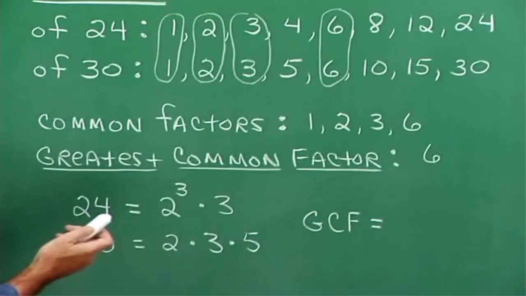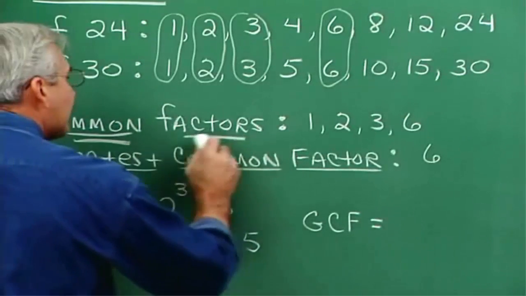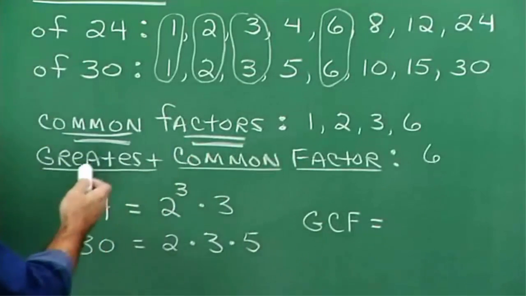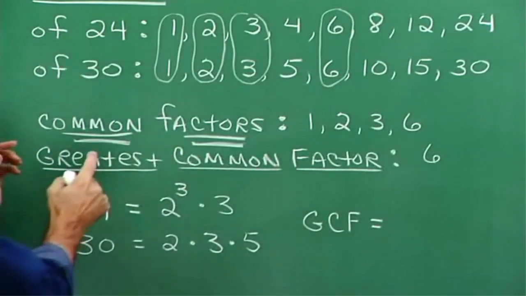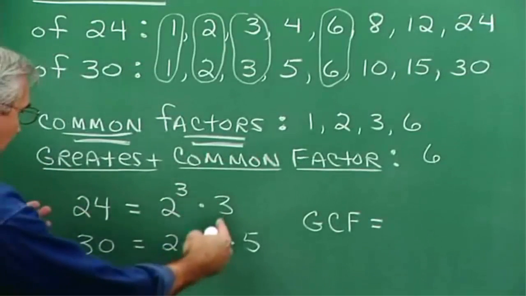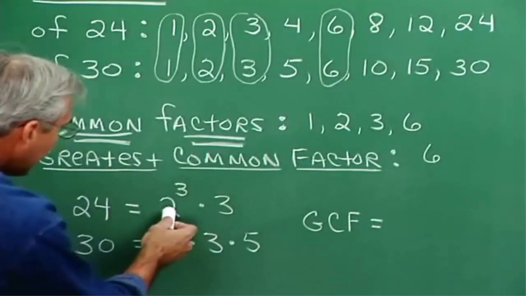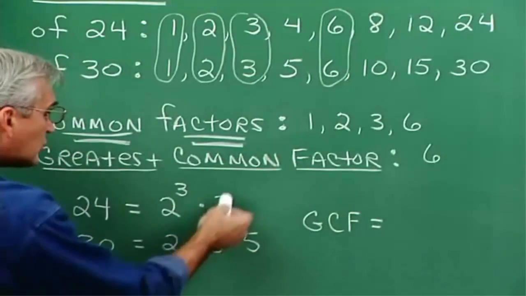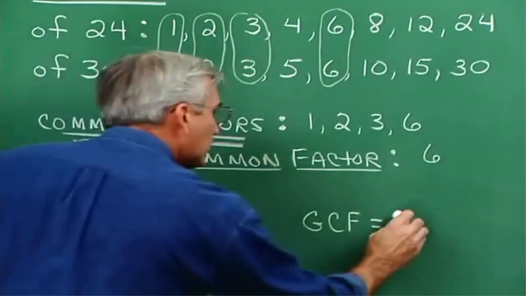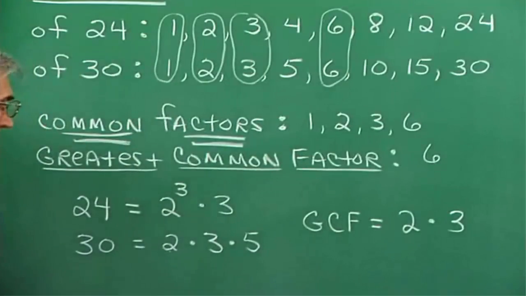Now, it should make some sense that if we're looking for the greatest common factor, we would identify the factors that the numbers have in common. So 2 is a factor common to both of these, so is 3. So 2 and 3 are factors that they have in common.